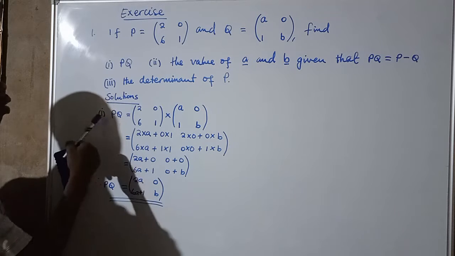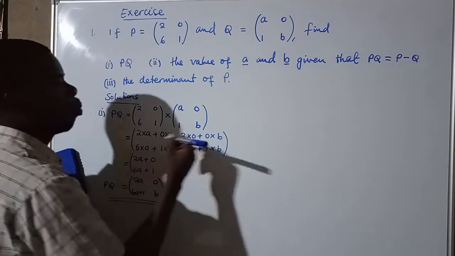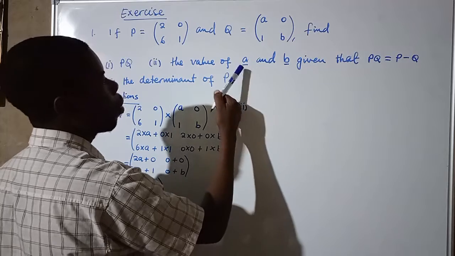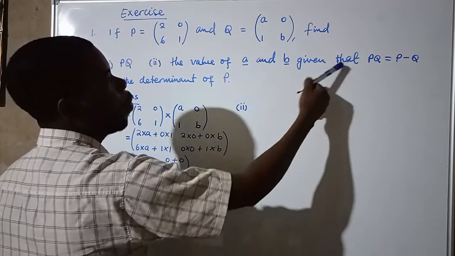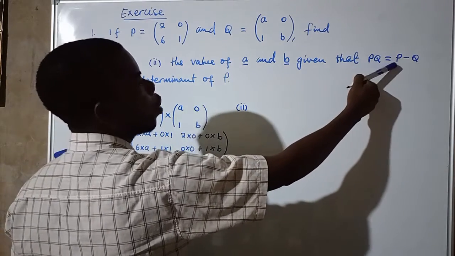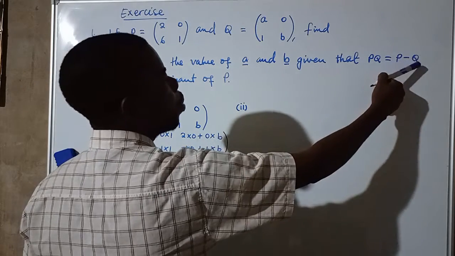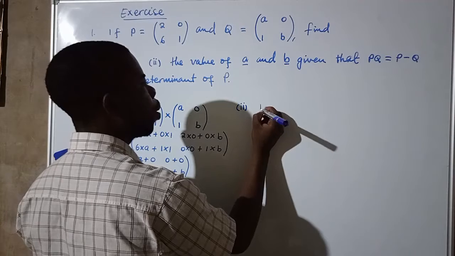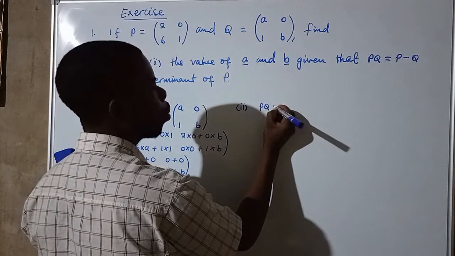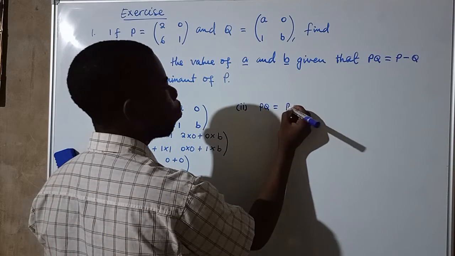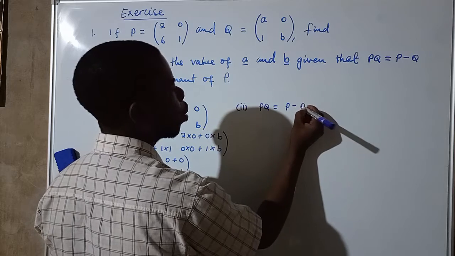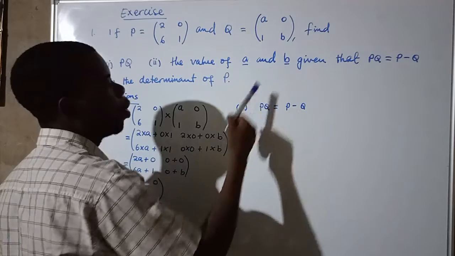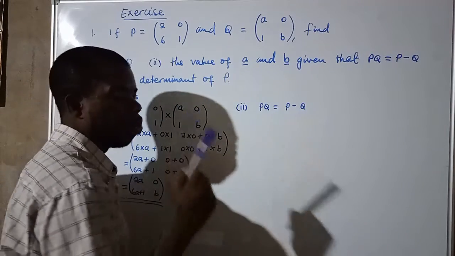Let's go to part 2, where we need to find the values of A and B, given that PQ is equal to P minus Q. So we have PQ equal to P minus Q, and we need to find the values of A and B. It will be simple.